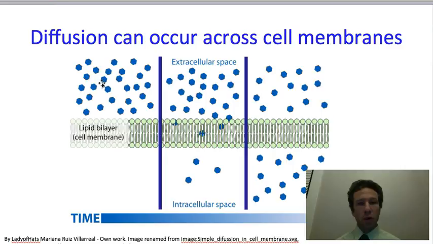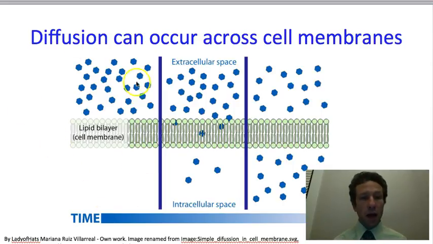Diffusion is going to be important for our purposes because it occurs in plant cells. Plant cells, like animal cells too, are going to be divided by a membrane. And that membrane is going to have the property of being semi-permeable. So what we're looking at here is one cell at 3 different times.